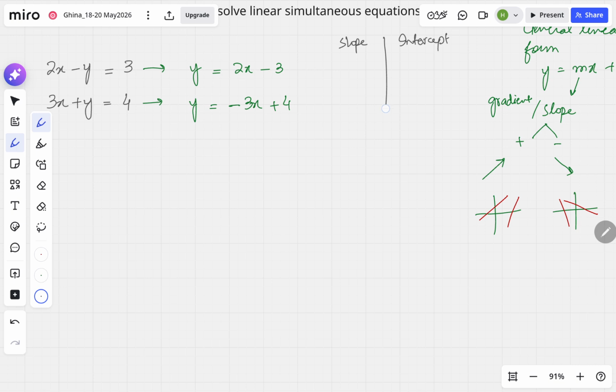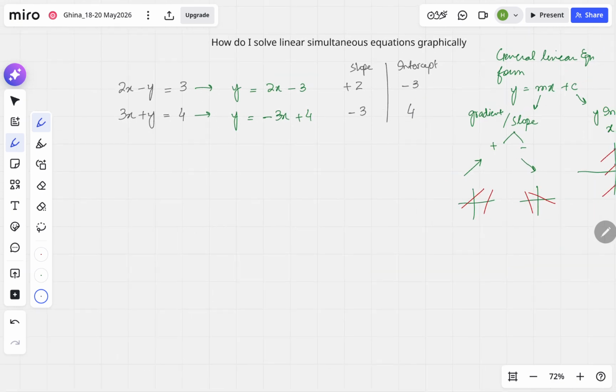For this one, the slope is 2 and it has a positive sign. This means that it is increasing, and the intercept is minus 3 on the y-axis. For this equation, our slope is negative 3. This means that it is decreasing or falling down, and it has the intercept of 4.